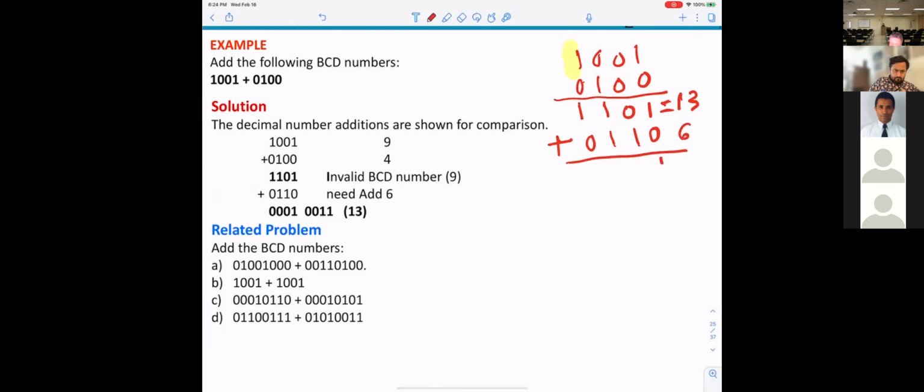So 1, 0, 1. 0 adding to 1, 1. 1 adding to 1, you get 0, carry 1. 1 adding to 1 to 0, they still carry. 0 adding to 0, you get 0. And you still get the carry. Then you have to bring the carry out.